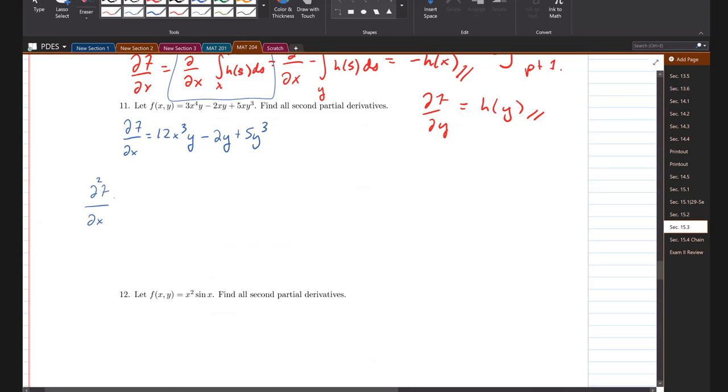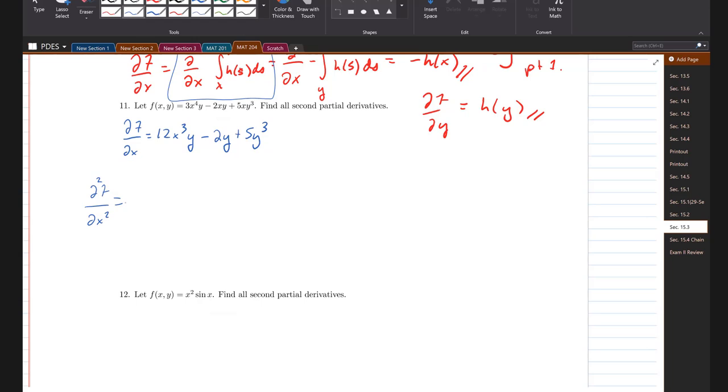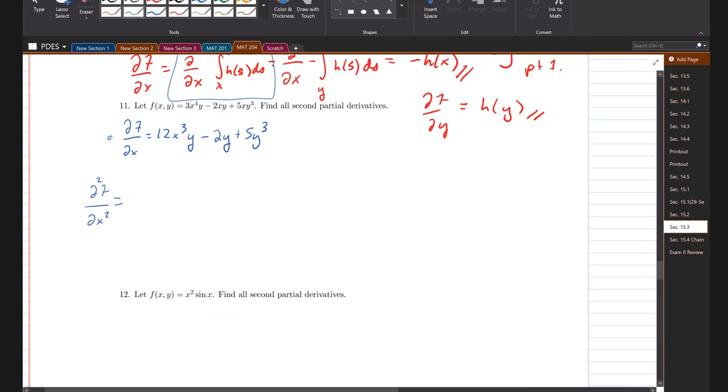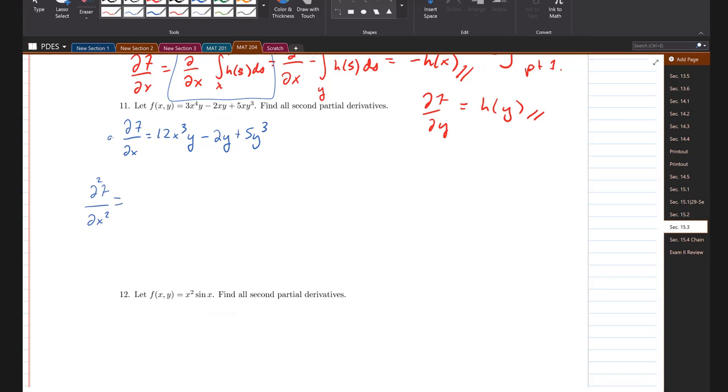So what do I do, folks, to find this derivative? If you feel like you really got it, please hold off on answering. I kind of want to make sure everyone's clear. So only answer if you don't know the answer. We're taking the second partial of f with respect to x both times. So what am I going to do, folks? I'm going to take the answer from up here. What am I going to do? Think about it for a second. Go ahead. Partial derivative of the previous result.